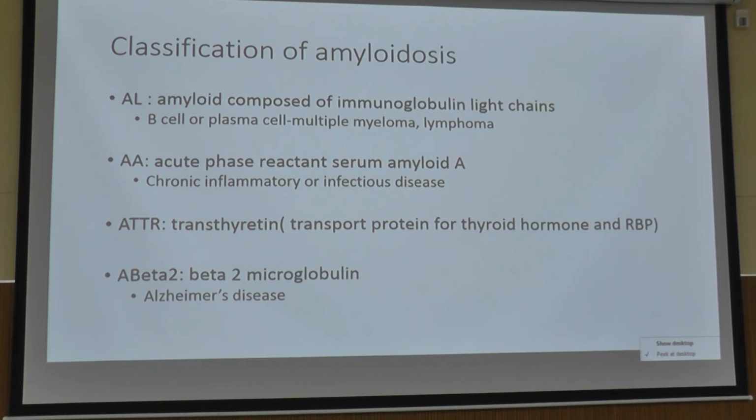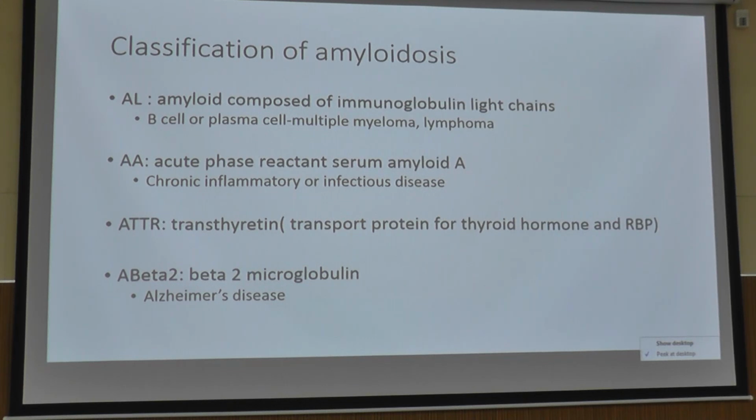Any long-standing infection which you do not treat is going to land up as fibrosis and later on turn into amyloidosis. There, the precursor protein is serum amyloid associated protein. So it will be chronic inflammation or infection; these are some of the causes.